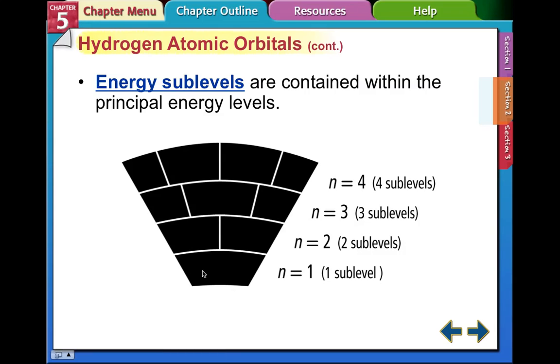So the first energy level away from the nucleus would be N1. It can have one sublevel. As you move away from the nucleus, N2 can have two sublevels. One more step away, N3, so three sublevels. Another step away, N4, four sublevels. It takes energy to get up to these levels. Remember, as the electron drops back down is when it gives off that emission of light.